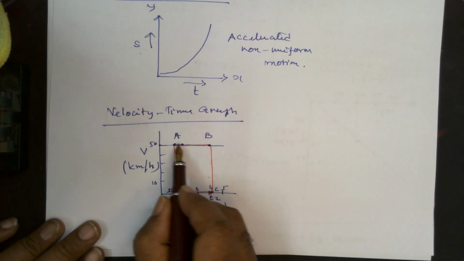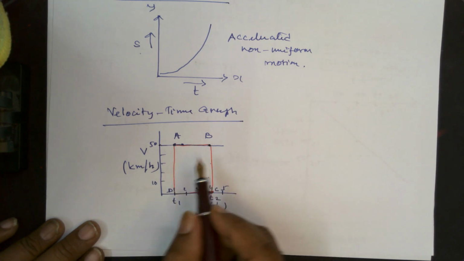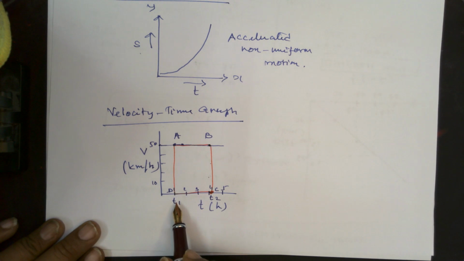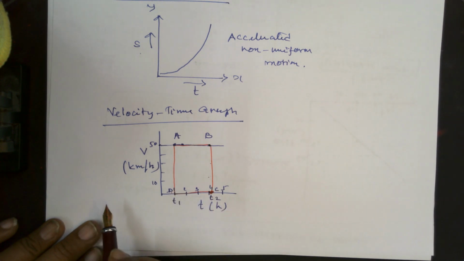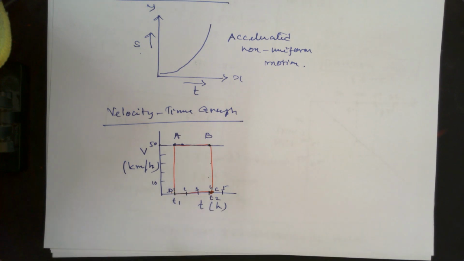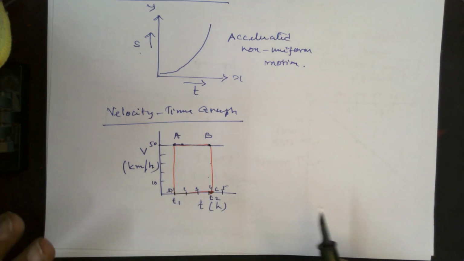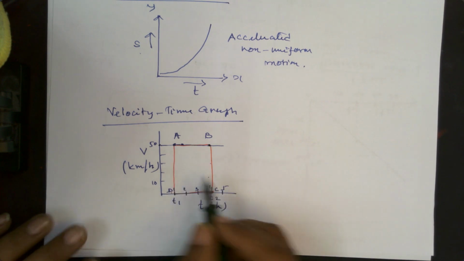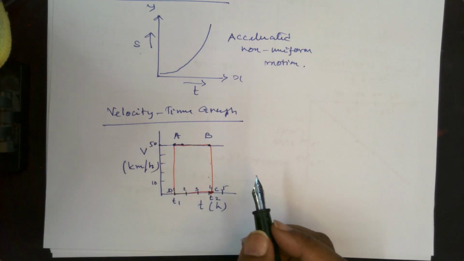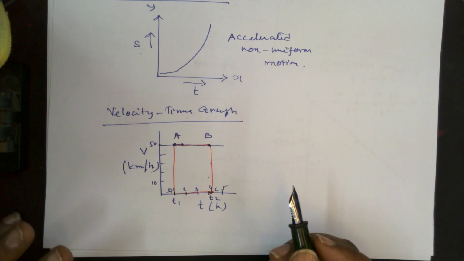What about this? This is AB. What about this? This is AD. And this one is CD. Right? Now, the distance moved by the car is equal to the area of the rectangle obtained in this graph. Just by measuring the area of the rectangle, you can get the distance moved by the car.